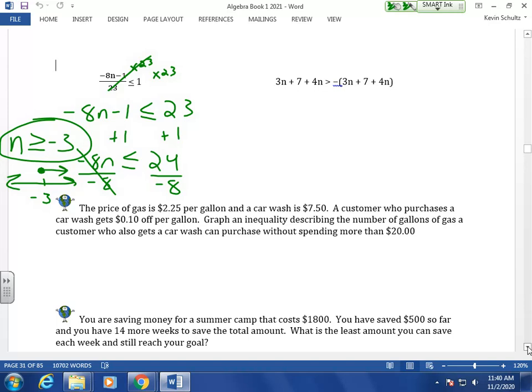Okay. So my left side, I can rewrite this to be 7n plus 7. And my right side, in my parentheses, I can rewrite that to be negative 7n plus 7.